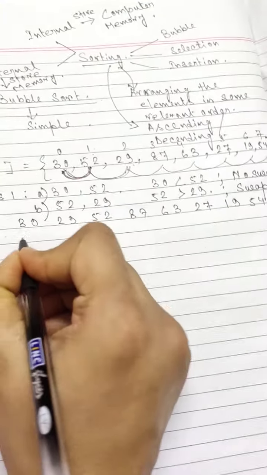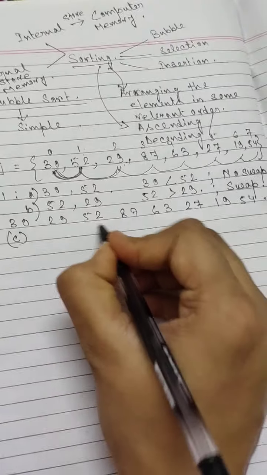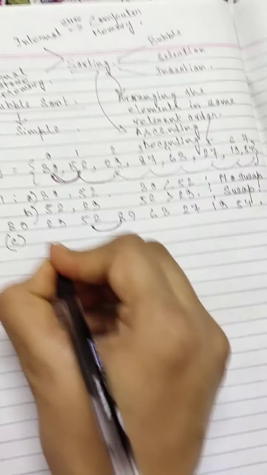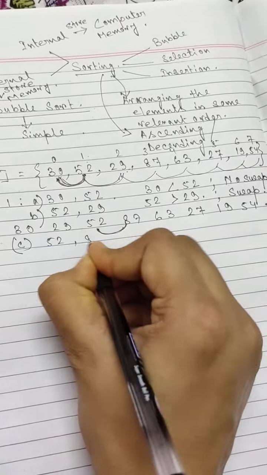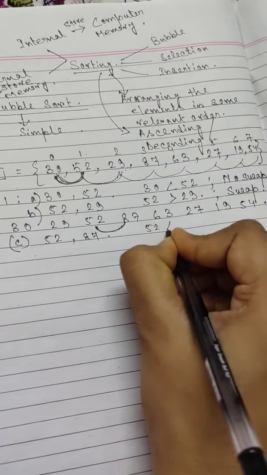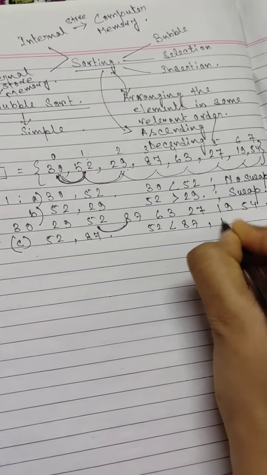Again in the third step we compare 52 and 87. Here 52 is less than 87, so no swap.